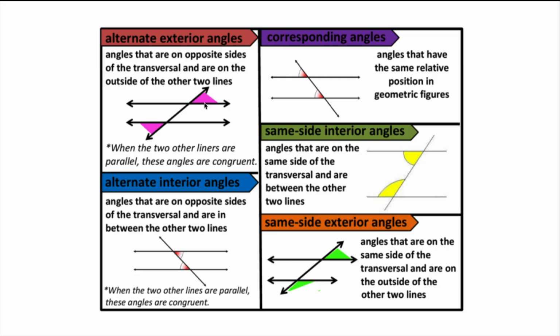Now let's go to the alternate interior angles. So here's our parallel lines, 1, 2, our transversal, and these are interior angles because they are inside of the parallel lines. Alternate because they are on opposite sides of the transversal. And guess what? They are congruent as well. And then corresponding angles, we talked about this also already, but angles that are having the same position in the geometric figures. So we have parallel lines going across.